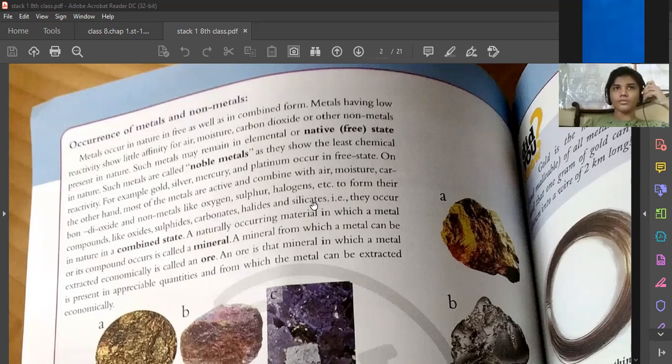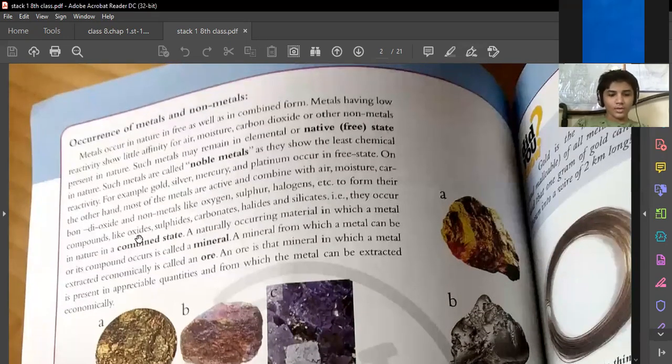They will be in the form of oxides, sulfides, carbonates, halides and silicates. Yes, sir. The minerals in the combined state exist in the form of oxides, sulfides, carbonates, halides, and silicates.